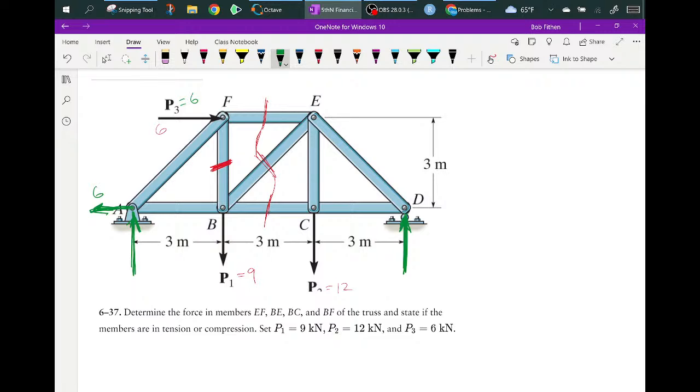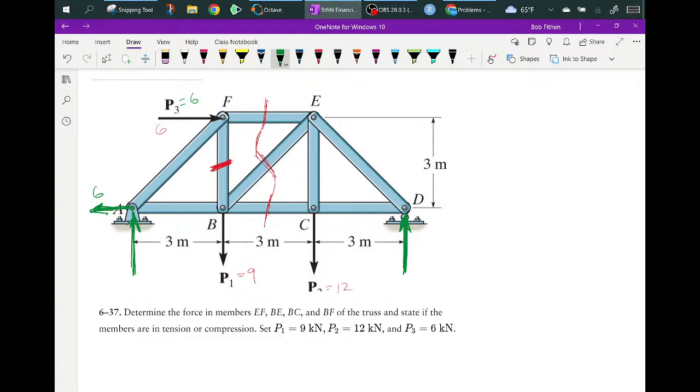Then what I could do, I can do something really strange, okay? I'm trying to figure out the easiest way to figure out this one or this one. Trying to eliminate as many loads as I can, but I don't think I'm going to get any refuge there.